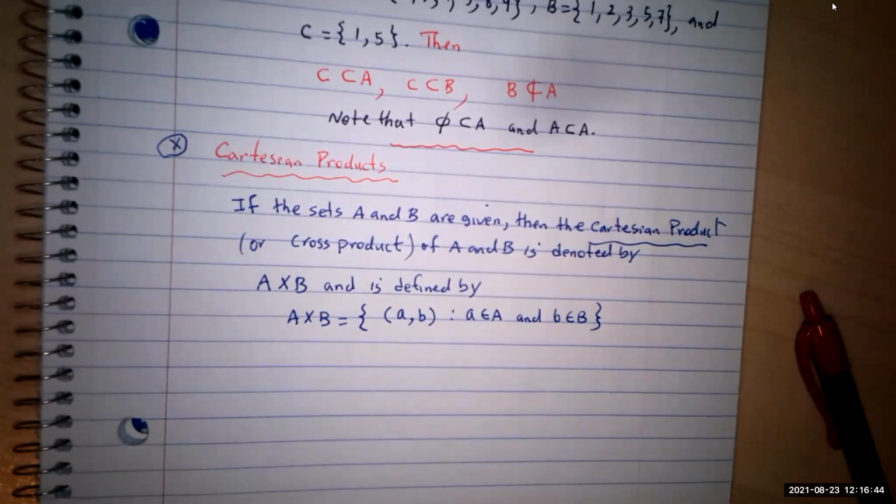Okay, it's a kind of a set, a collection of ordered pairs, if you like. The first member must be in the first set, the second is going to be in the second set. Okay, the order is going to be very important.